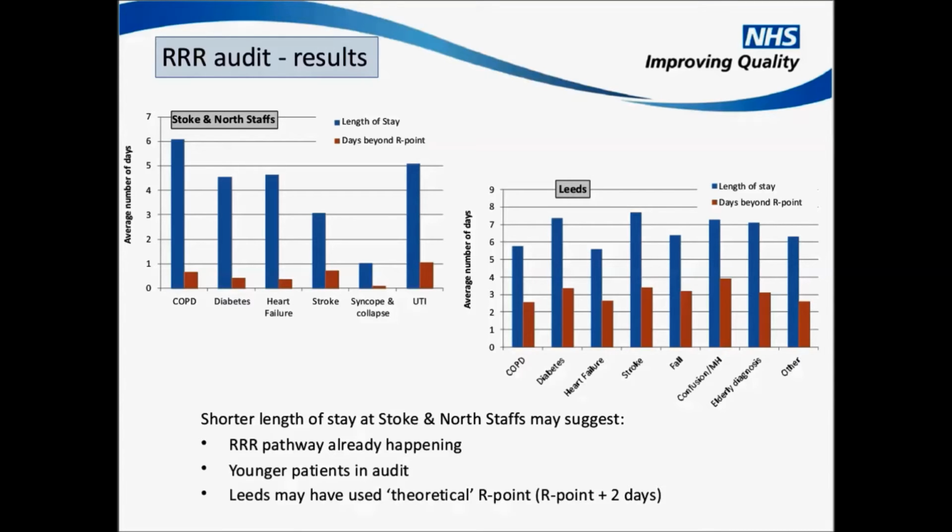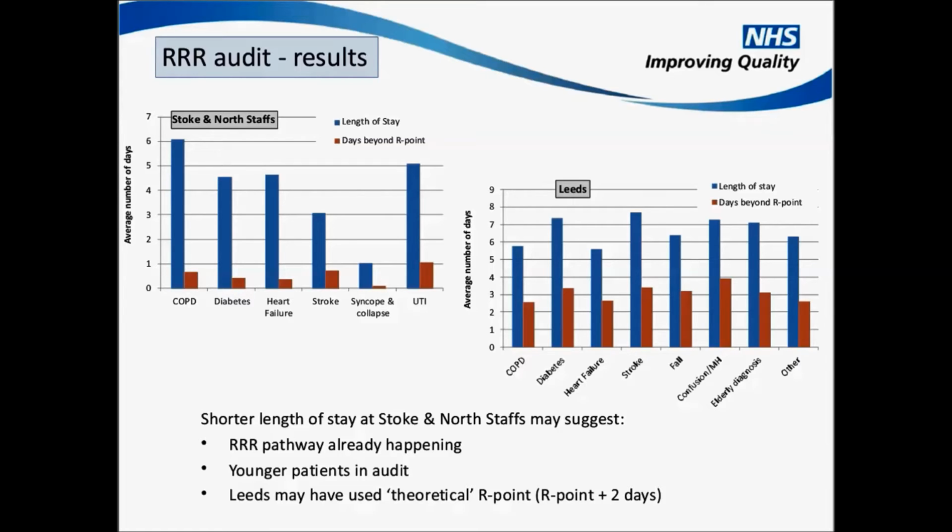Leeds took a slightly different approach, and they chose all patients who were admitted to an elderly ward. So they looked at the data by condition, but they actually looked at a much wider range of conditions, but for a particular group of patients.